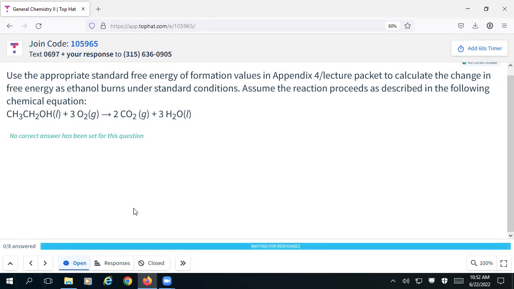So either pull out the appendix tables that I've given to you electronically, or find the values in the appendix in your textbook, whatever you need to do, but you're going to find the free energy of this reaction using the free energies of formation. So chew on that one for a couple of minutes and we'll come back and see how you did. And we'll go ahead and take our break for this morning as well.